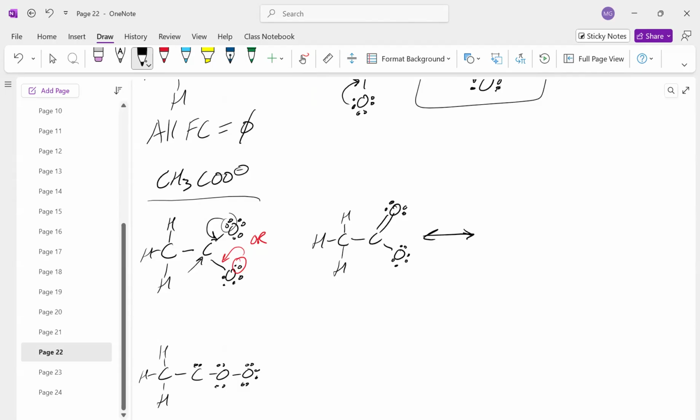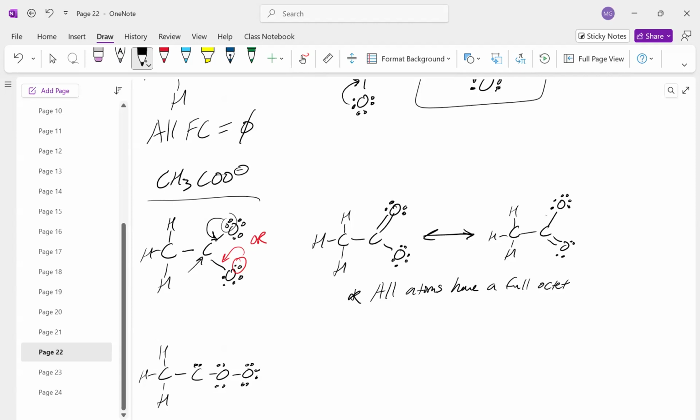And let's draw a resonance form where the double bond is there. Now, if I look at those two, all atoms have a full octet. Now, what about formal charge? Is there one that has more or less formal charges than the other?